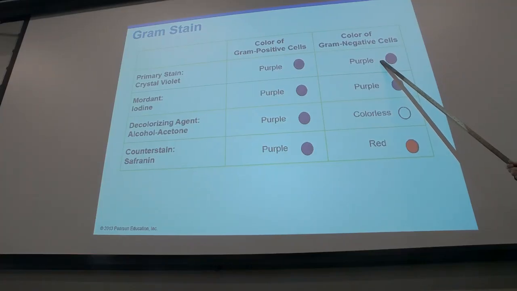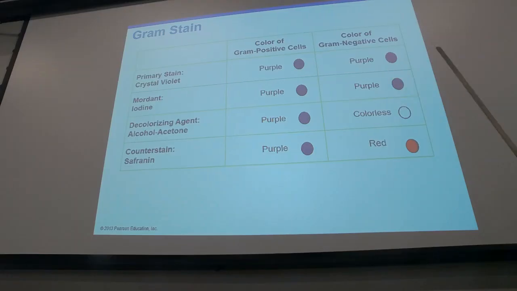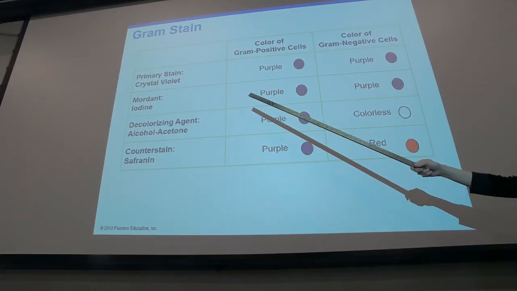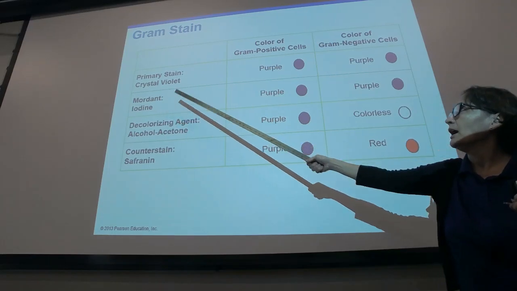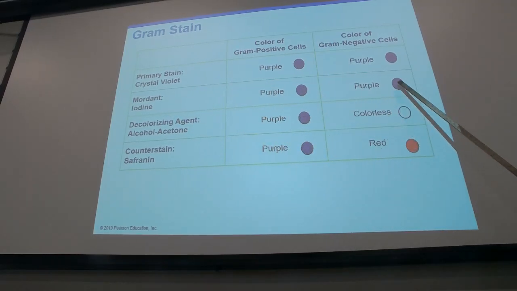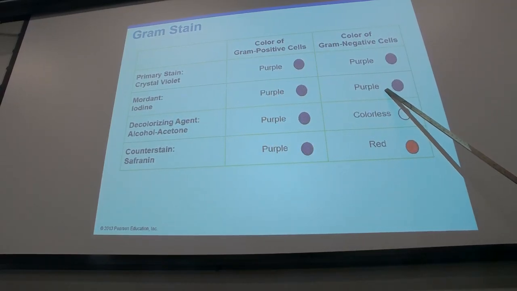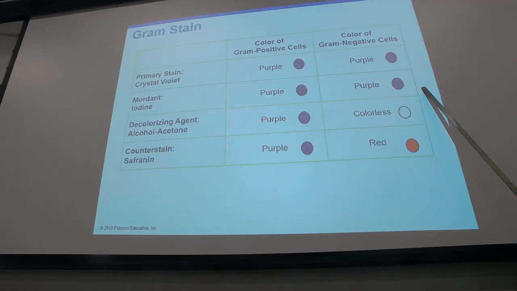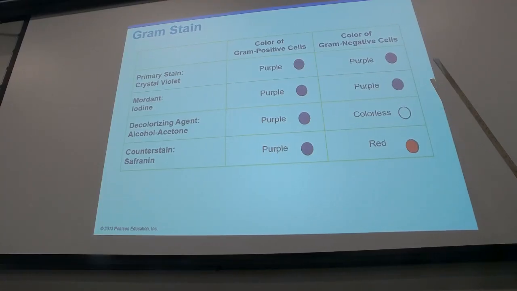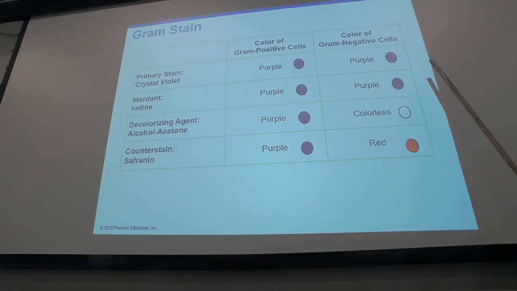You put this dye, crystal violet, for 1 minute. Then you rinse, and then you add the mordant, which is going to be iodine. And then both of them will remain purple. The iodine you add for 1 minute.